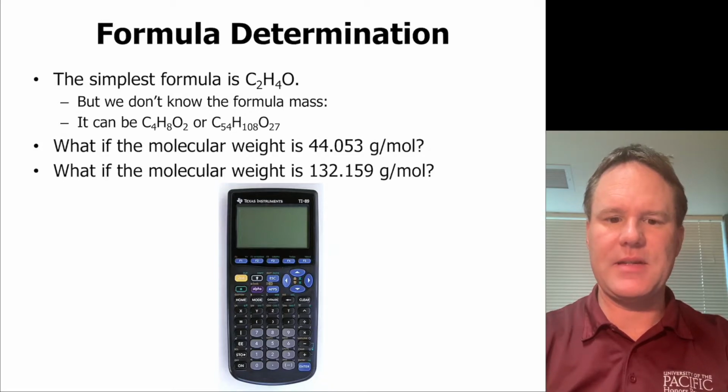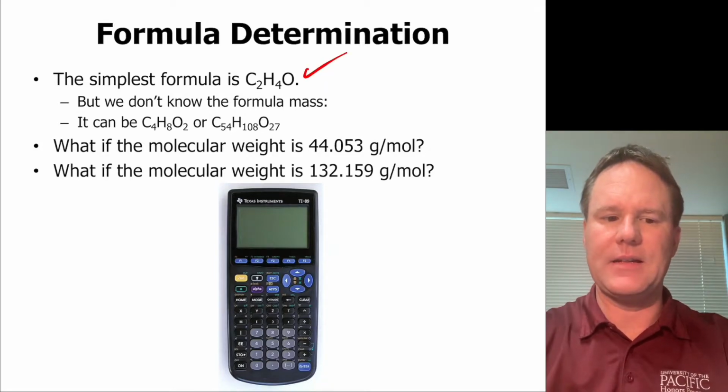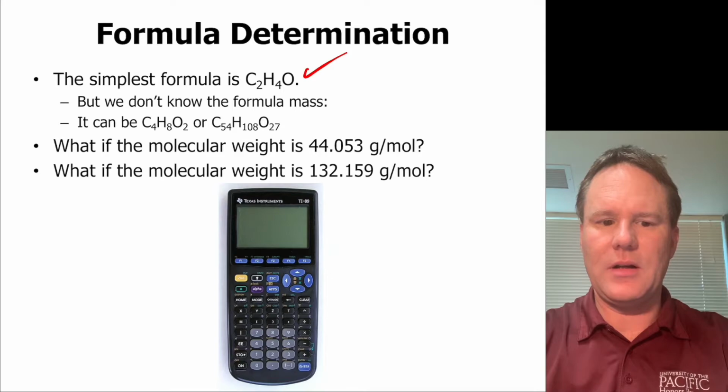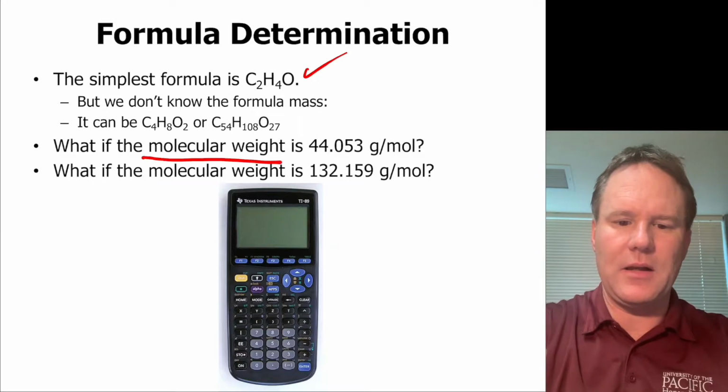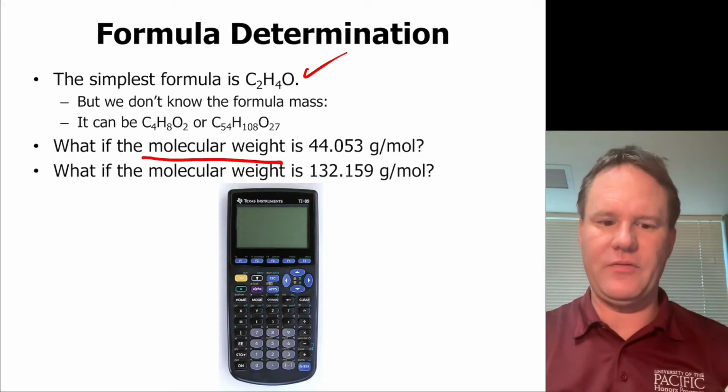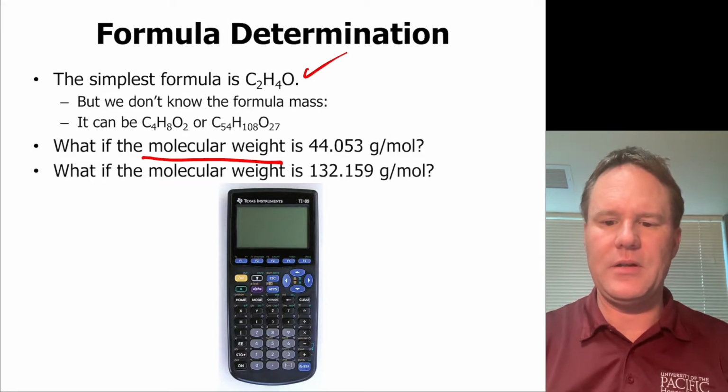So the simplest formula is C2H4O, okay, that we just determined, but we don't know what would be the molecular formula. Does it correspond to C4H8, or it would be C54, or whatever else? So what we need to have for that is the molecular weight. If the molecular weight is 44, or if the molecular weight is 132, it will be different.